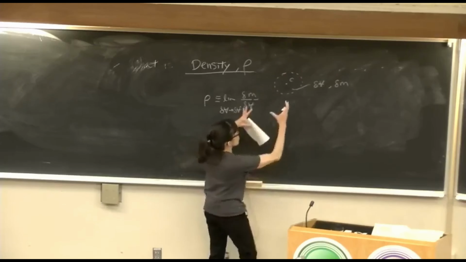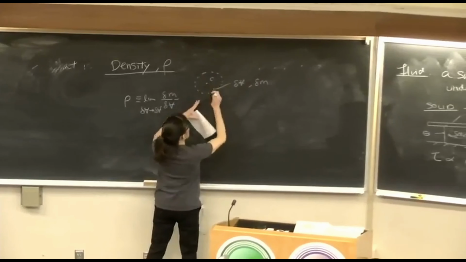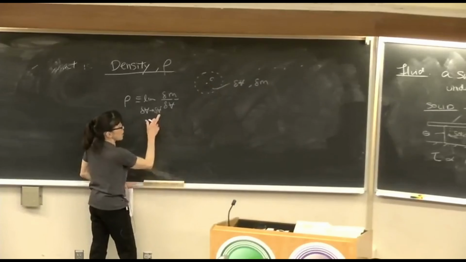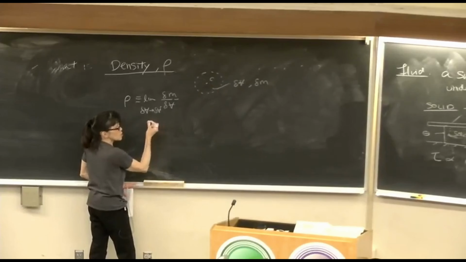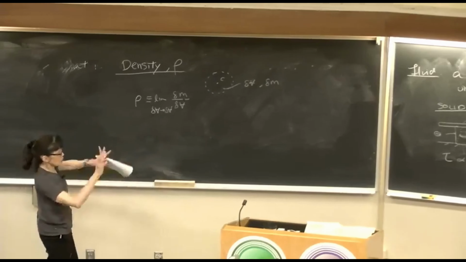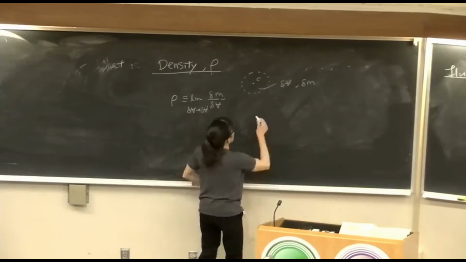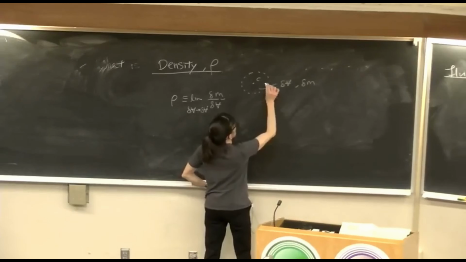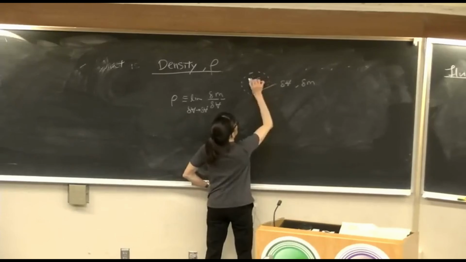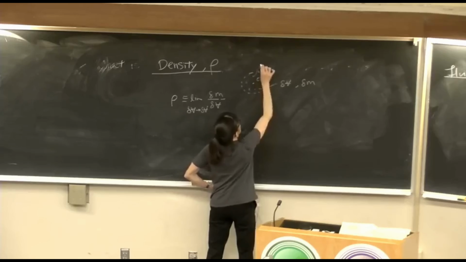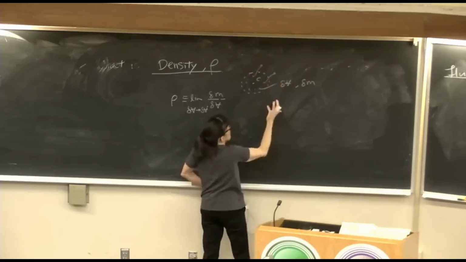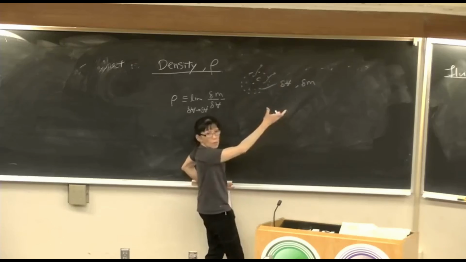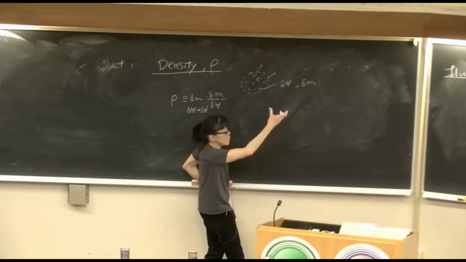So we're going to shrink this down to a very small volume, delta V prime. Okay? Small enough so that it's essentially a point from a macroscopic point of view, but large enough so that, if we have these molecules, gas molecules, for example, moving around, and then some may be just at that instant moving out of that volume.